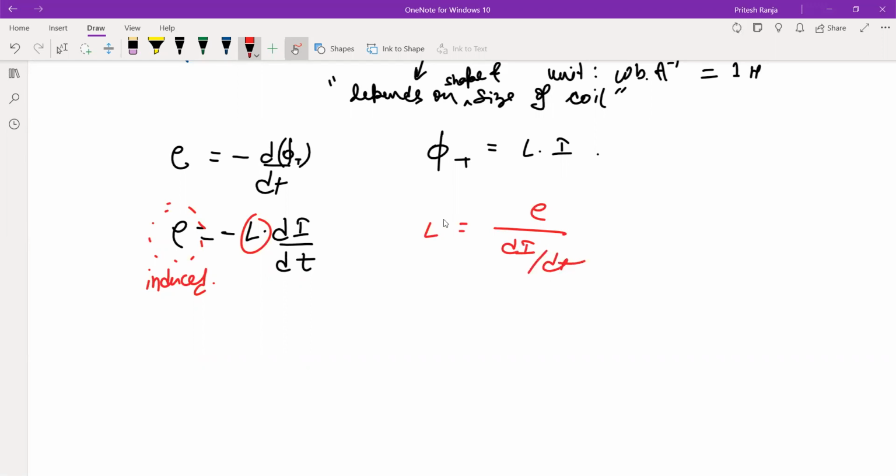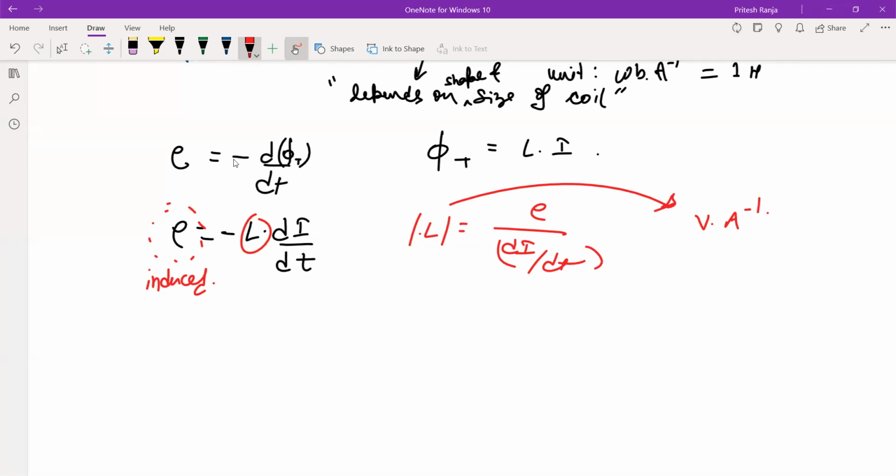If I talk about the magnitude, it will be E by di by dt. The unit will also be volt into second, or you can say di by dt is ampere. So voltage per ampere. That is also the unit of self-inductance.